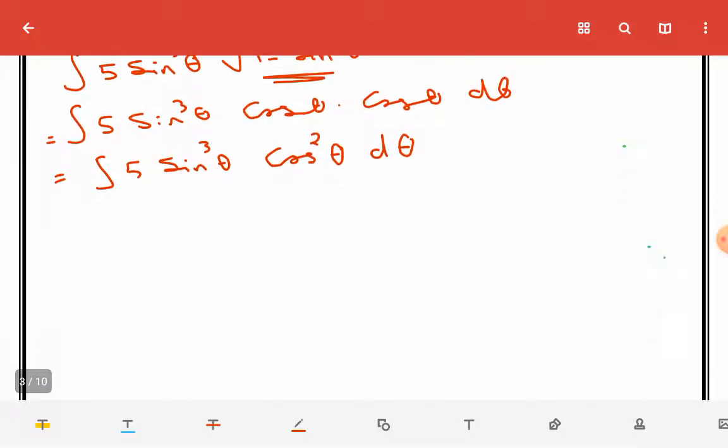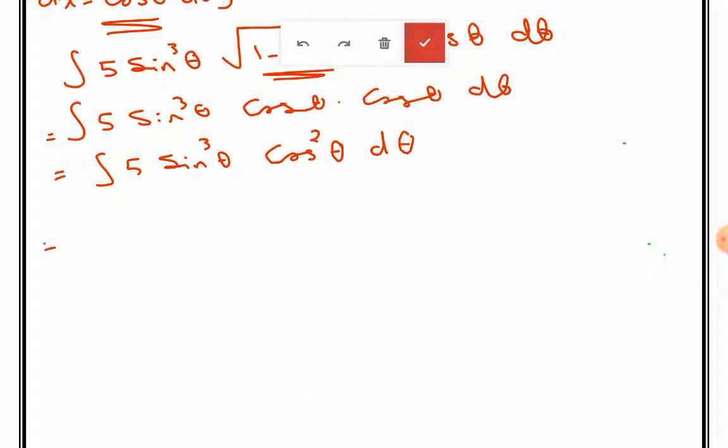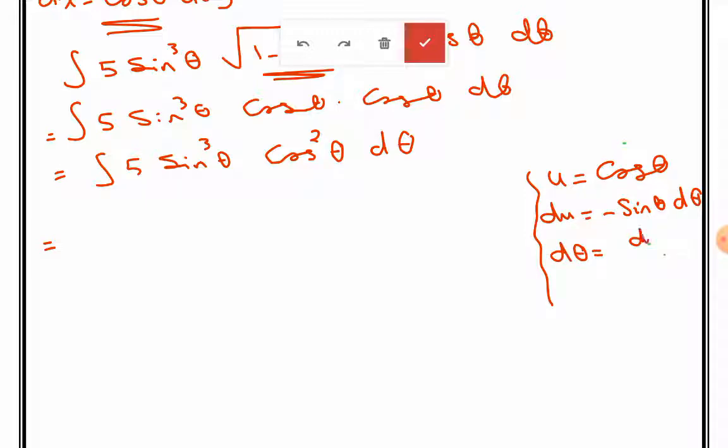Okay, and the next step here, yes, we will use substitution, but here I will let u equal cosine theta, and du equals negative sine theta d theta, and d theta is equal to du over negative sine theta, and use this all and substitute here.